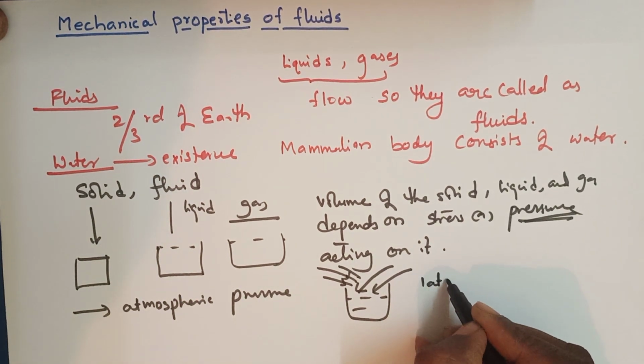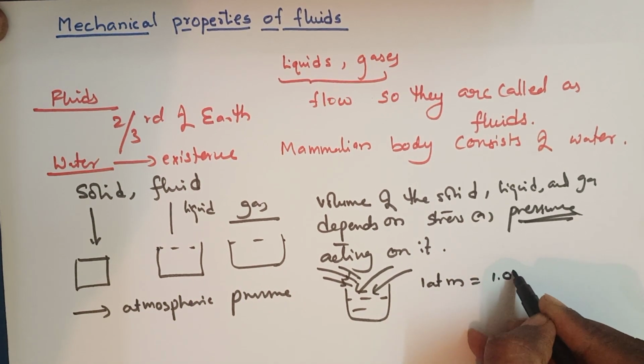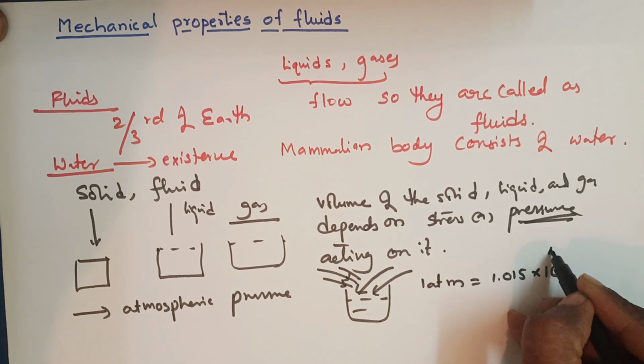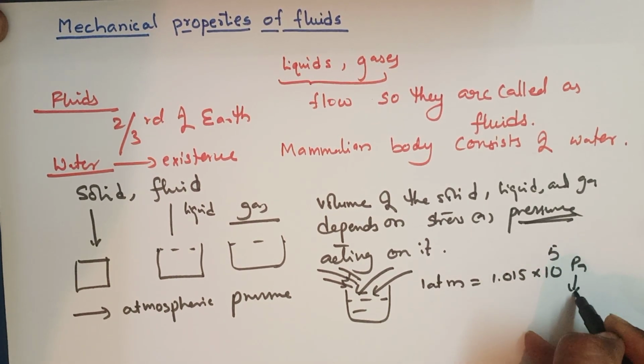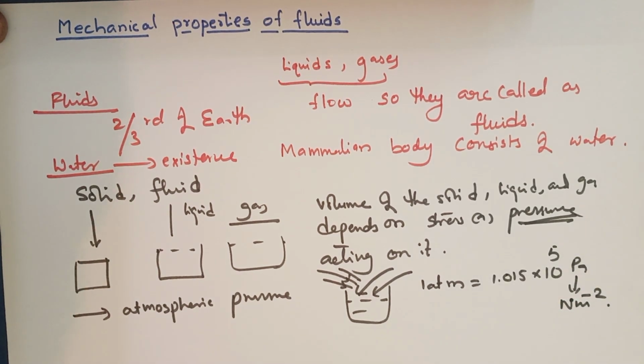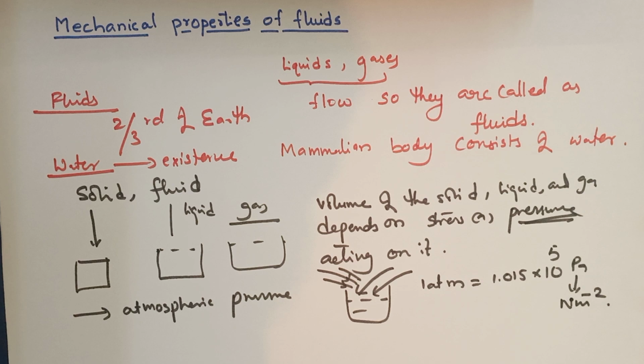Generally, one atmosphere is equal to 1.015 times 10 power 5 Pascal, which is Newton per meter square. We shall see the concept of pressure, gauge pressure and absolute pressure. What is the total pressure? If a body goes to the bottom of the container, how does the pressure vary with depth? We shall all see that.